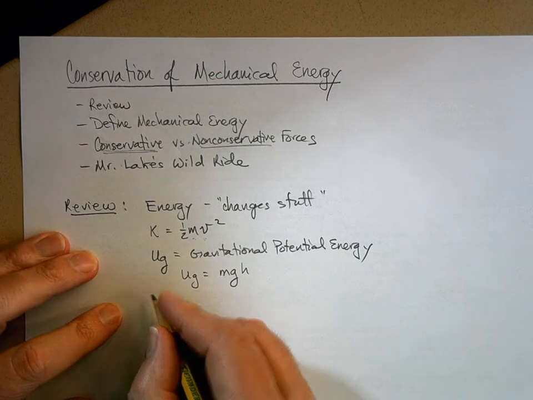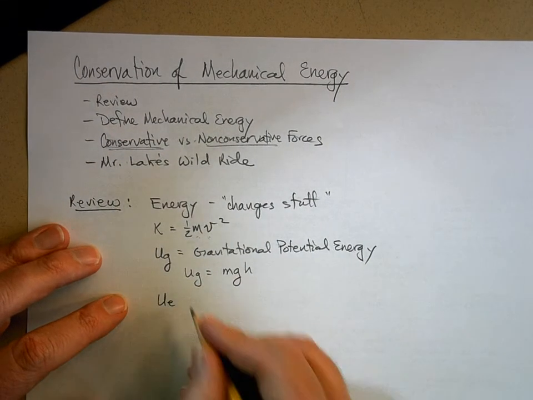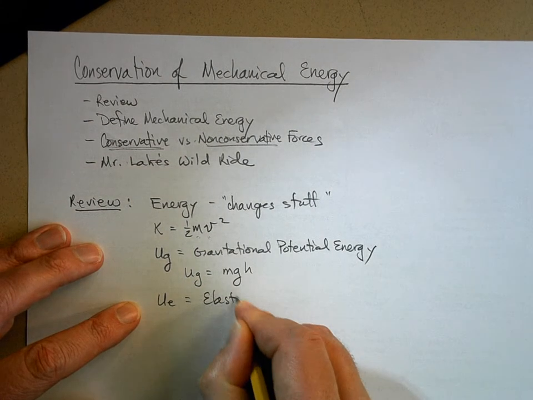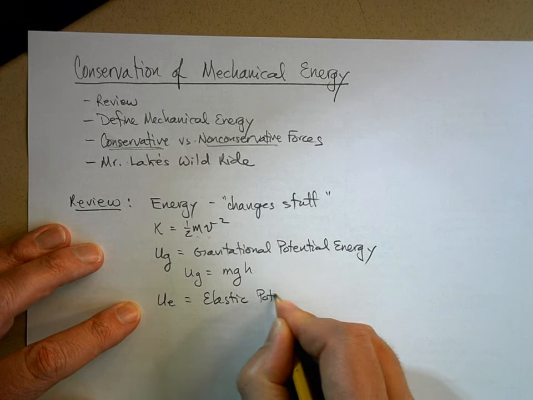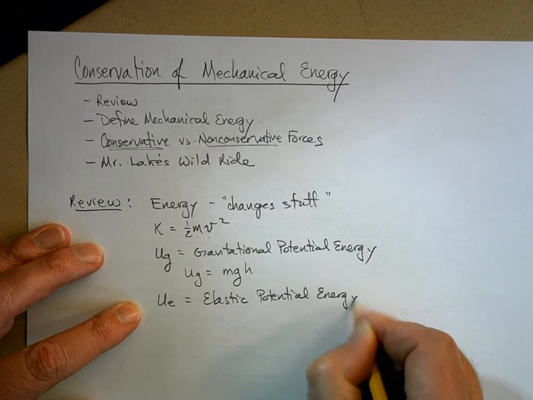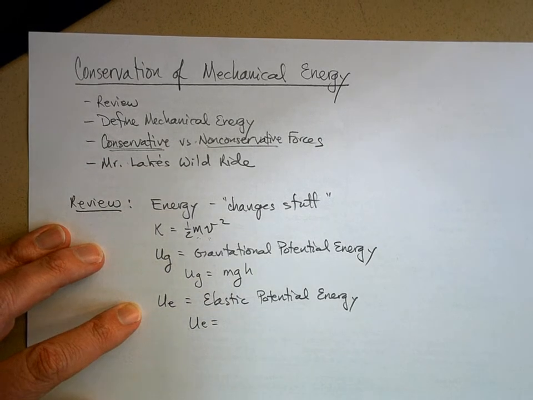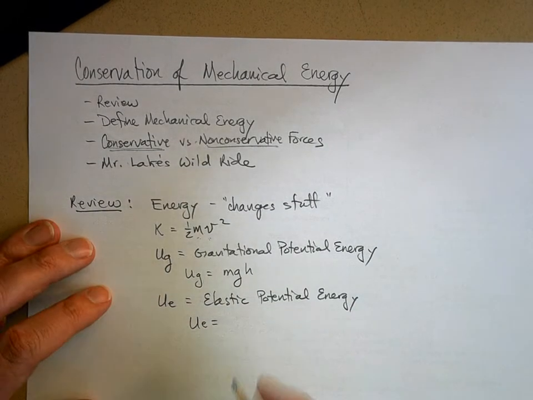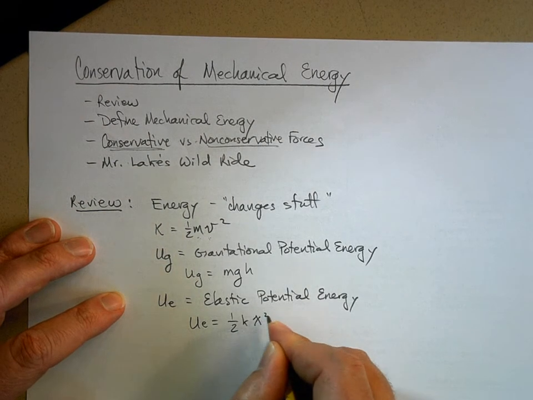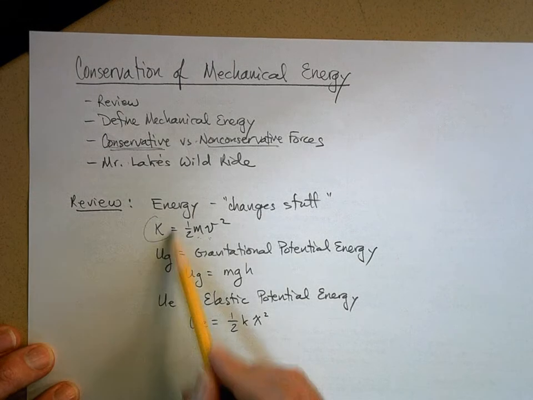Then we had U sub E. Again, this is a variable change from the book. This is elastic potential energy. And U sub E, we derived an expression: 1/2 k x squared. Now here's where you have to be really careful. What does capital K stand for?